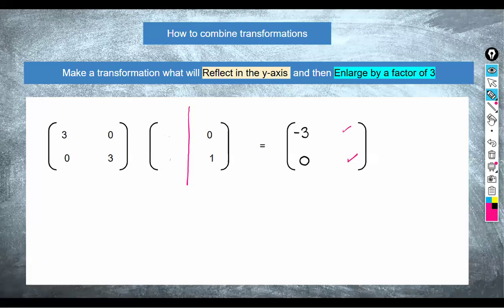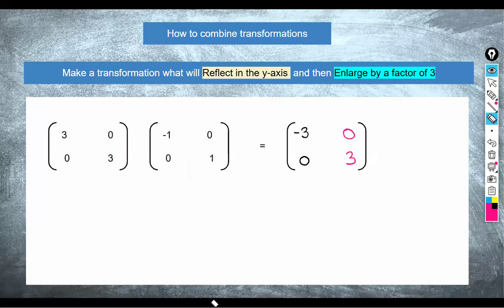So get the two answers for me, and that will be the end of that question. The two answers you're supposed to get is 0 and 3. 0 and 3. Right.